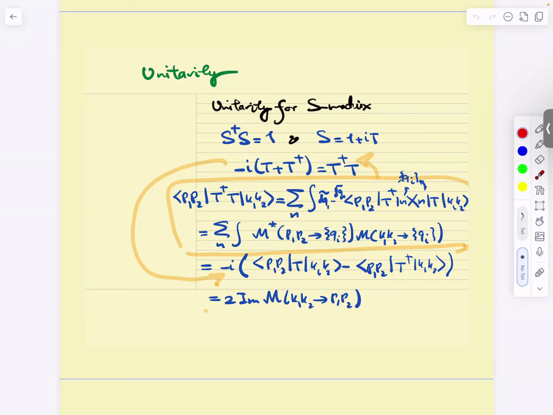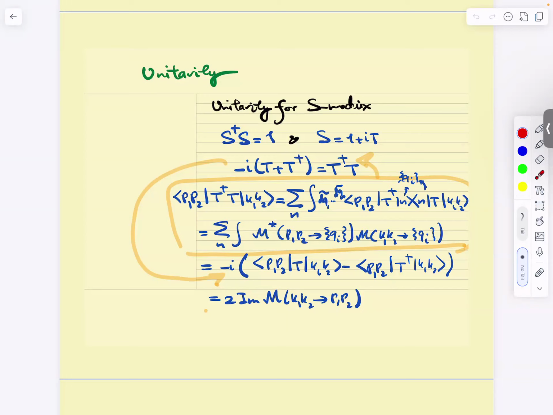Now, let's write down what that T is. Remember, we wrote T as 4 pi times the conservation of external momenta, and then M. We call the rest of it M. So, in a 2 to 2 scattering, this would say that P1, P2, T dagger T of K1, K2 is equal to the right-hand side.